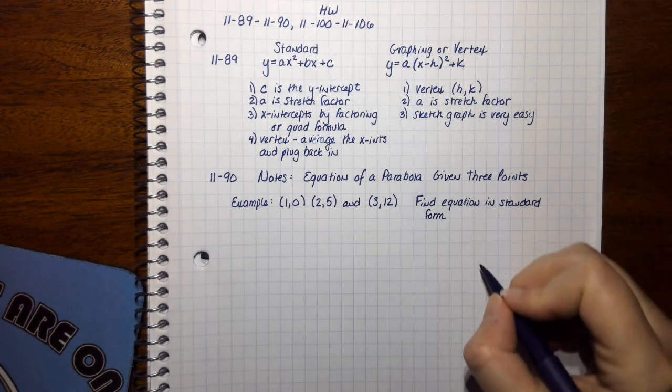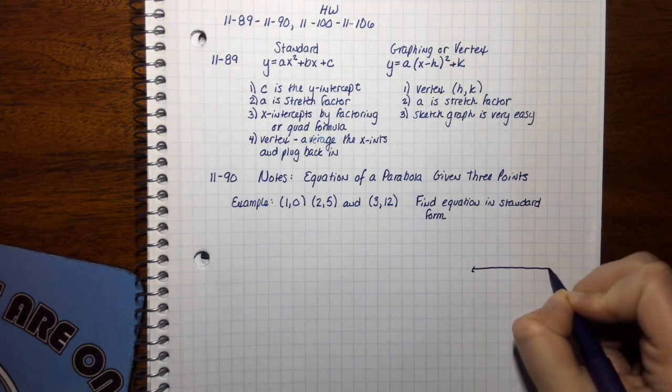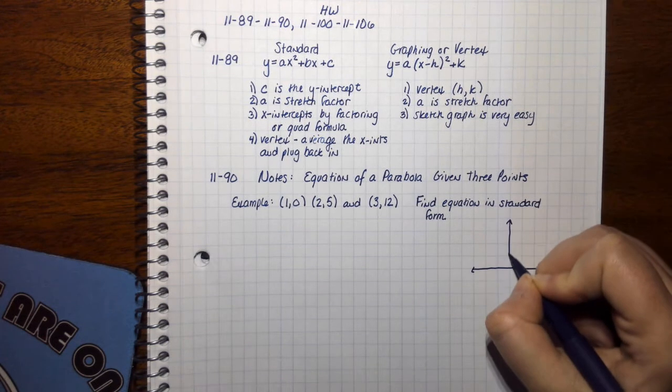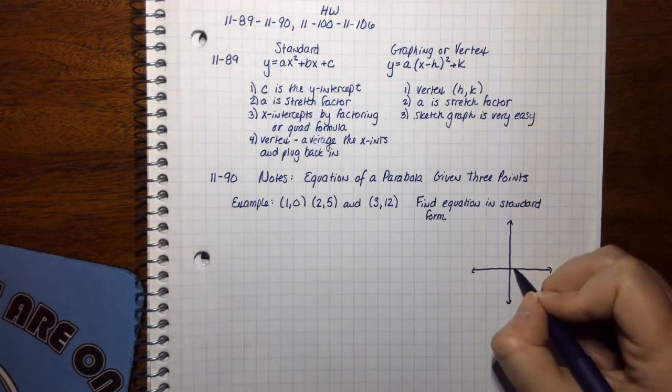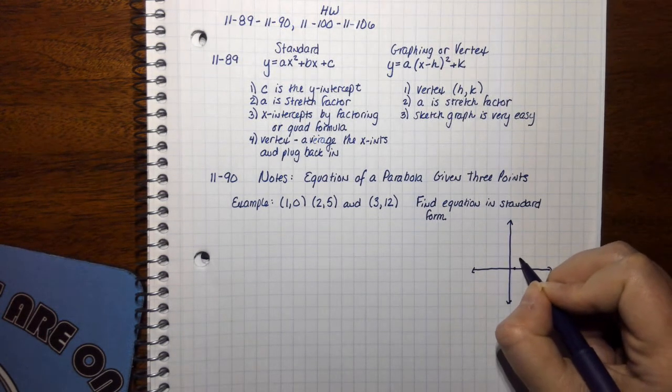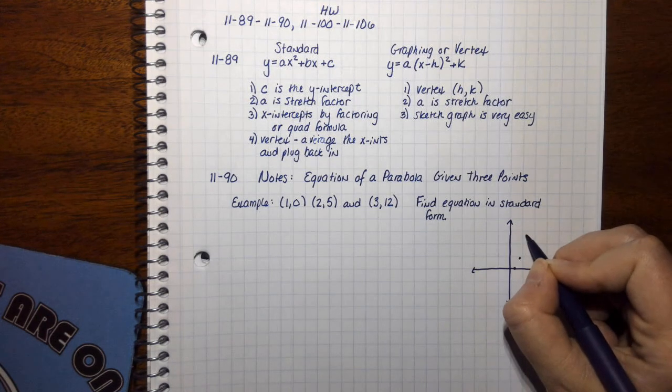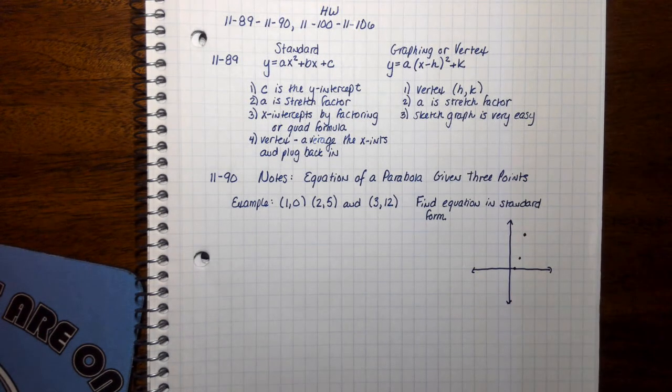Okay, what I'd like to do over to the side, very roughly, is sketch (1, 0), (2, 5), and (3, 12). And I want you guys to kind of think about visualizing the equation of a parabola that might go through those 3 points.